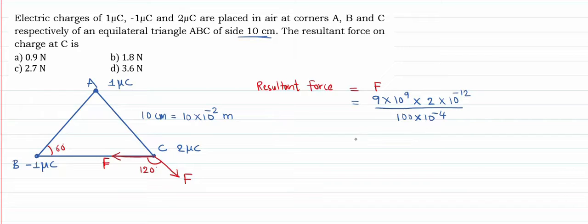Simplifying, 9 into 2 is 18, into 10 raised to 9 minus 12, which is minus 3, and the denominator 100 and 10 raised to minus 4 gives minus 2. So this is 18 into 10 raised to minus 1, or 1.8 Newton. So option B is our answer. Clear, within 2 steps you are able to solve the problem.